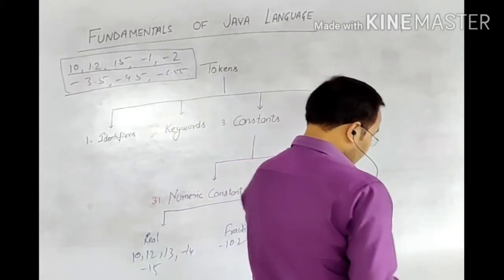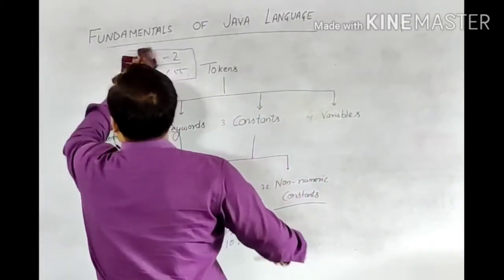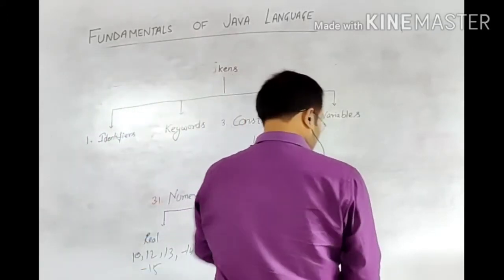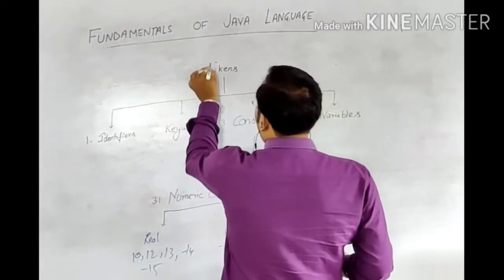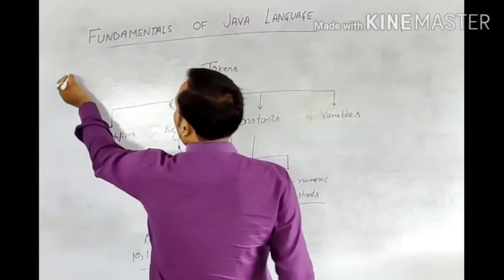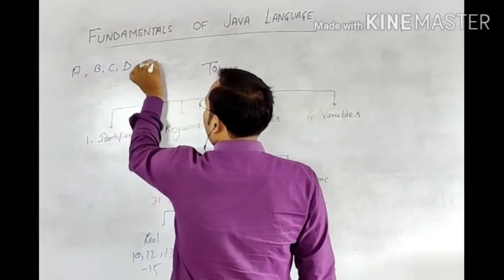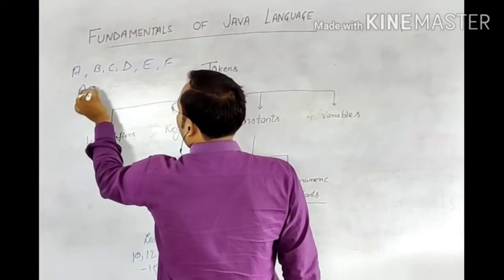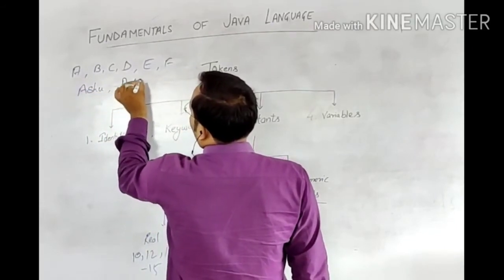Now the second one is non-numeric constants. Non-numeric constants are those which do not have any numeric value. Let me explain this. Non-numeric ones are like alphabets A, B, C, D, E, F, then Ashu, Ankita.